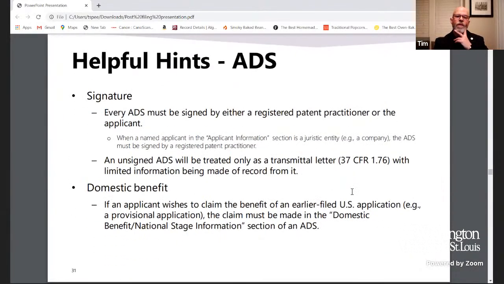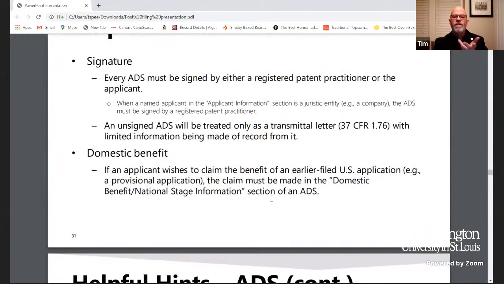So some hints about the ADS that they brought up here. They mentioned domestic benefit again, making sure that you include your domestic benefit claims and international. They're broken out into international and domestic, as I recall, benefits in your ADS, and it must be signed. They talk about here again by a registered practitioner.